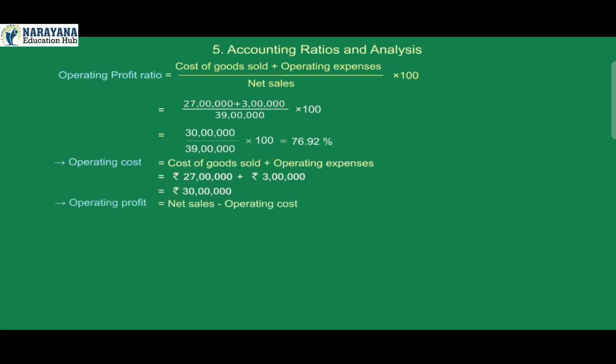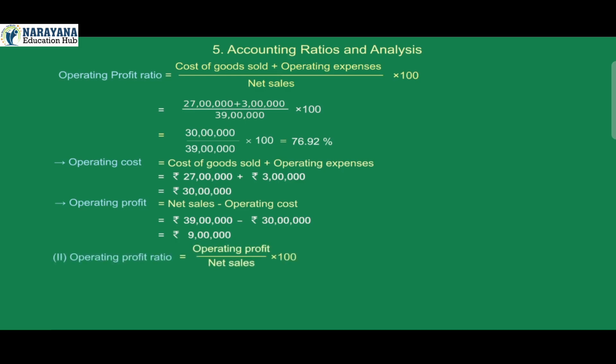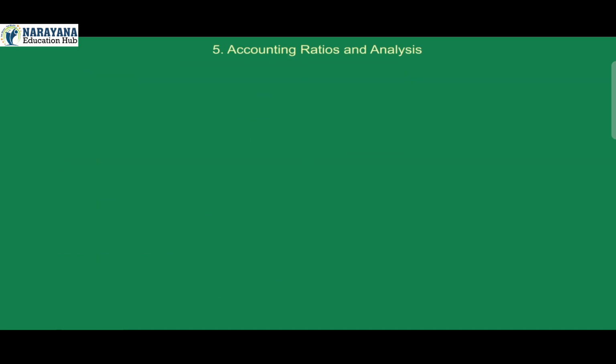Operating profit is equal to net sales minus operating cost, is equal to 39 lakh minus 30 lakh, is equal to 9 lakh. 2. Operating profit ratio is equal to operating profit divided by net sales into 100, is equal to 9 lakh divided by 39 lakh into 100, is equal to 23.08%.